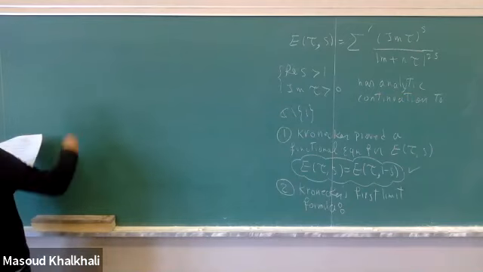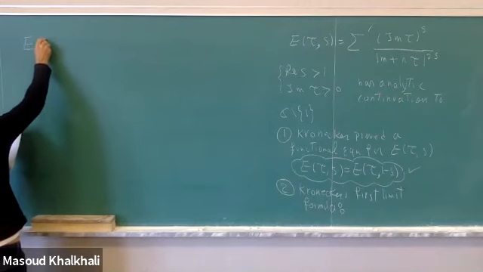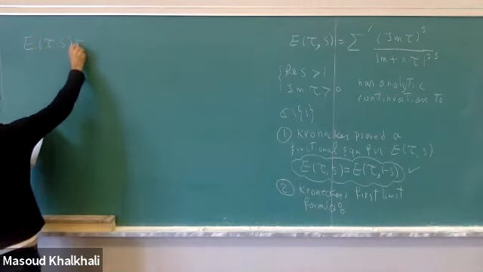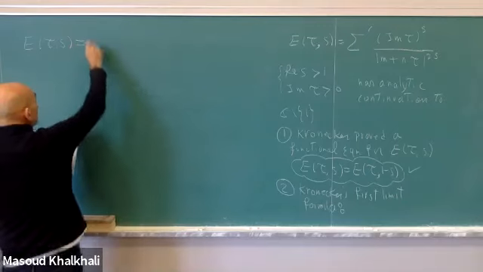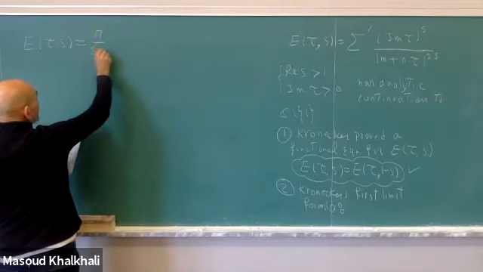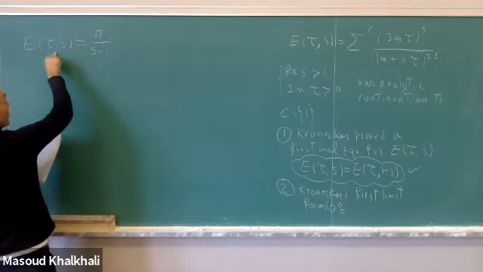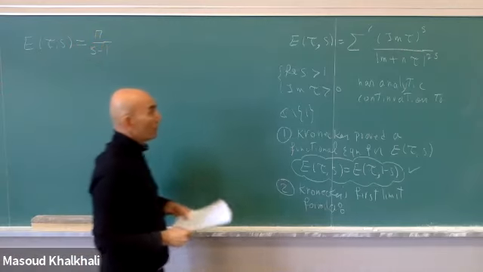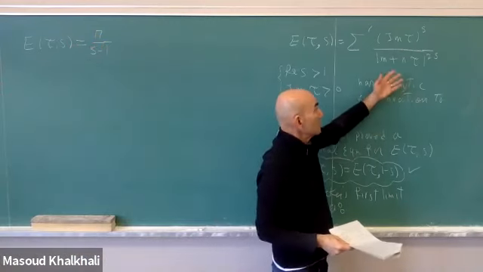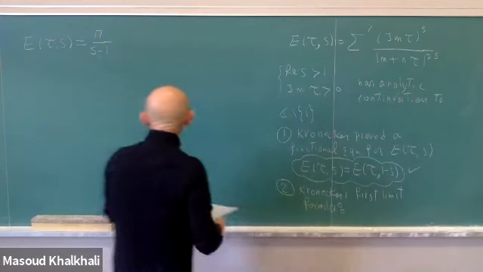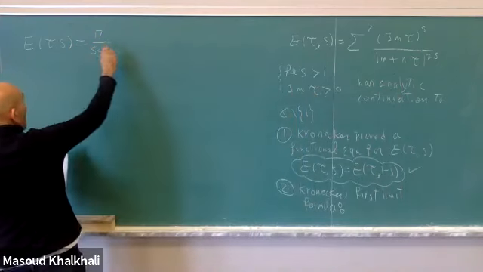You have that E of s is equal to pi over s minus 1. First of all, there is a pole, of course, at s equal to 1, and the residue is pi.